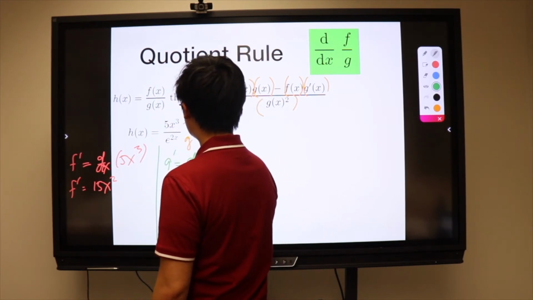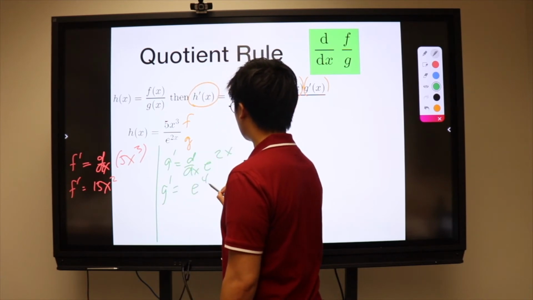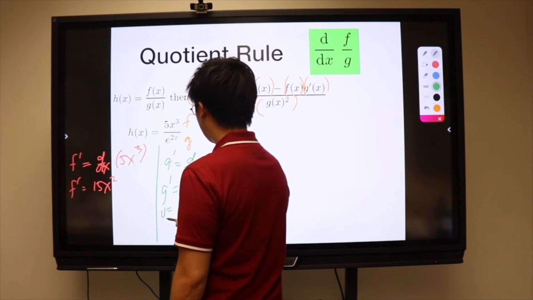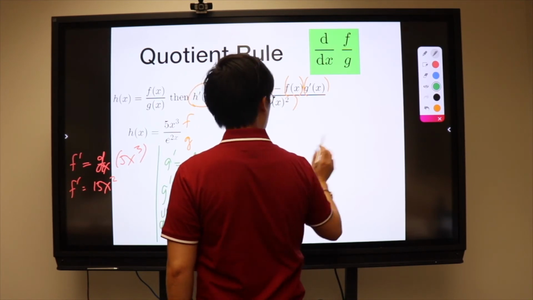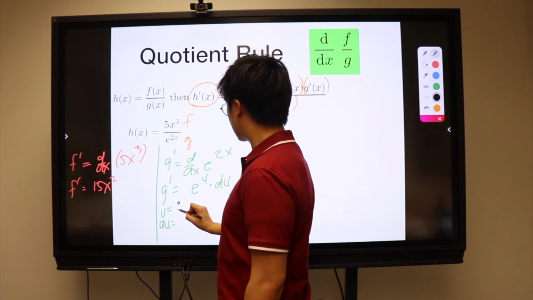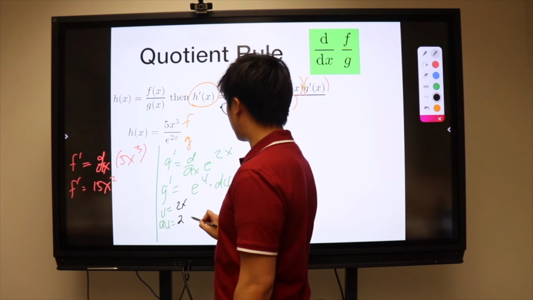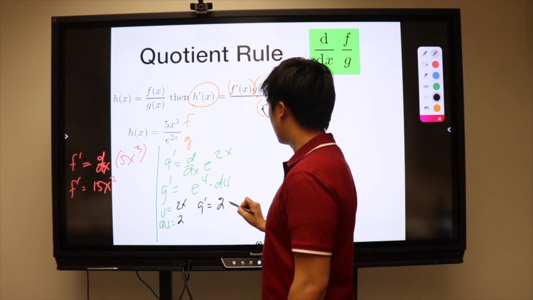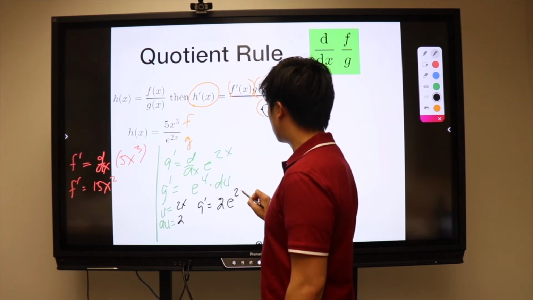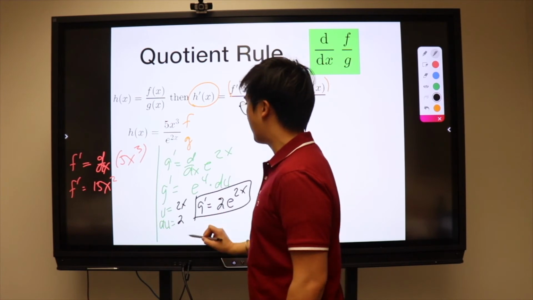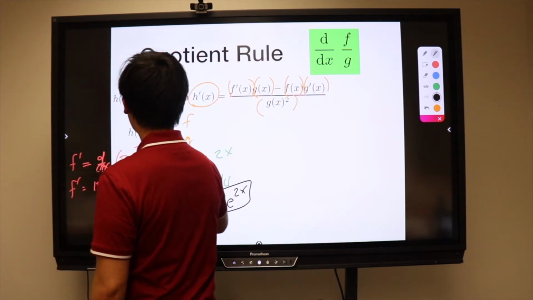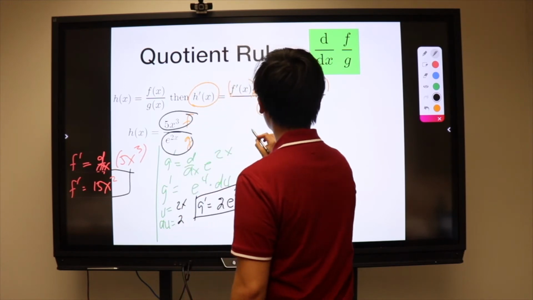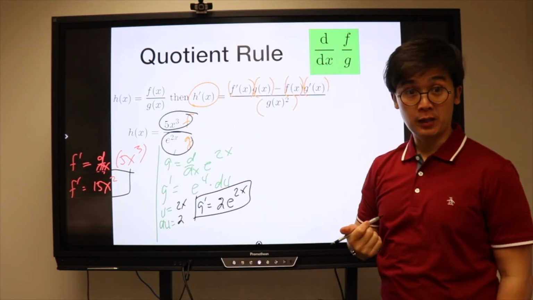And we know that the derivative of e to the u is e to the u times du. I need to have my u and I need to have my du. My u is 2x, my du is 2. Put them together, g prime is 2e to the 2x. I have my g prime, I have my f prime, I have my f and my g. All I need to do is to write it according to the formula.